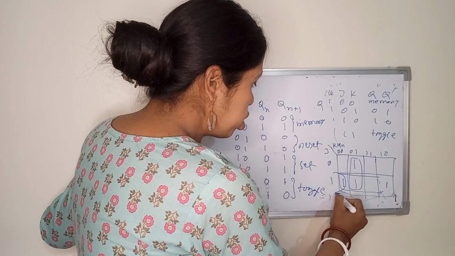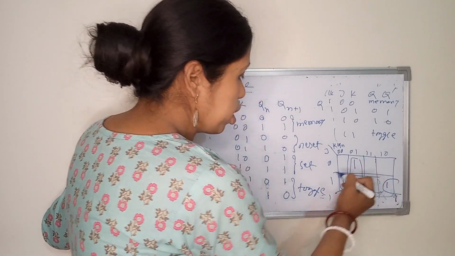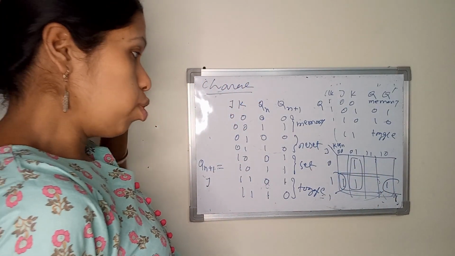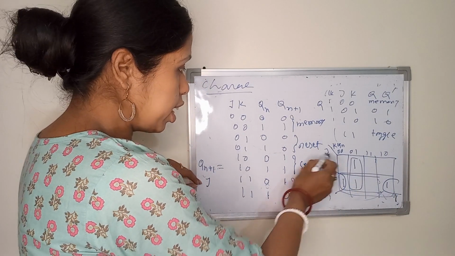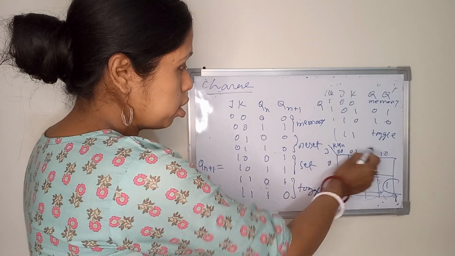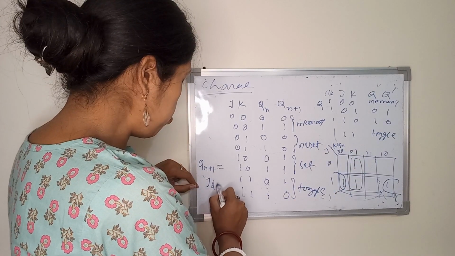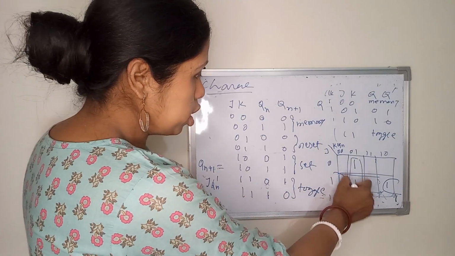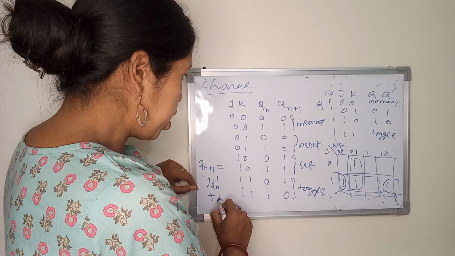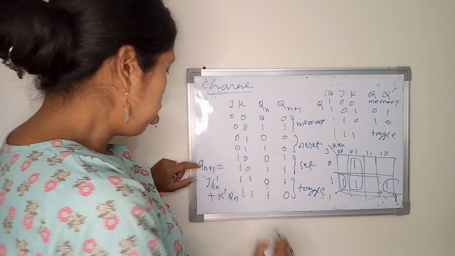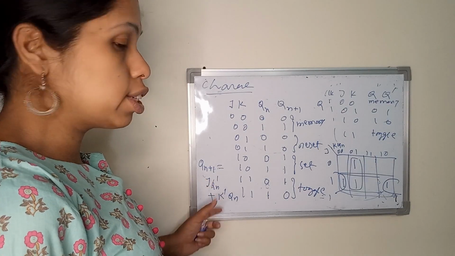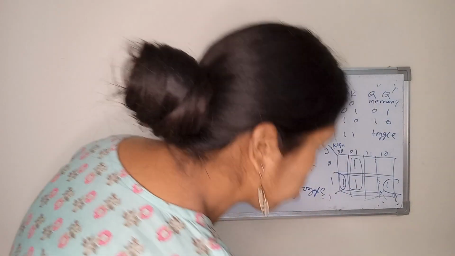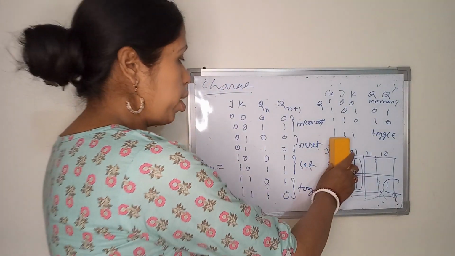So I take this as a pair and these two as a pair. No quad is possible. From this pair you can write J Qn prime, plus from this pair you can write K prime Qn. Qn plus 1 is equal to J Qn prime plus K prime Qn. This is the characteristic equation of the JK flip-flop, right?